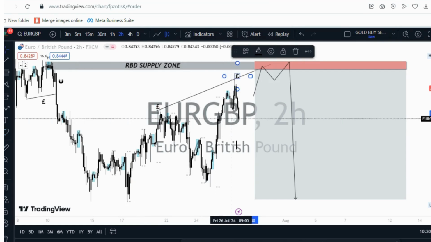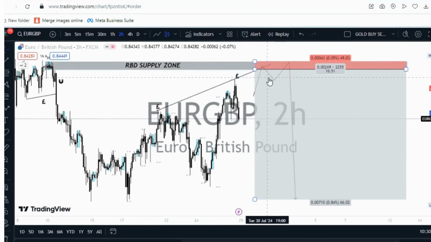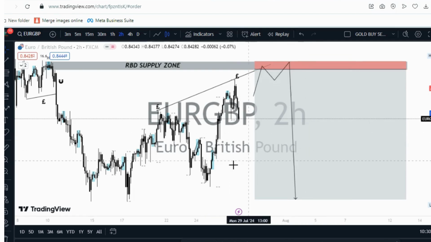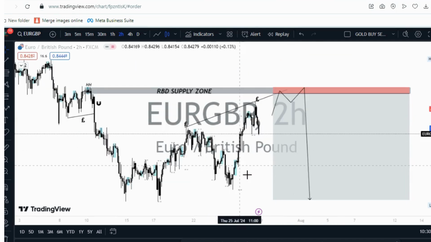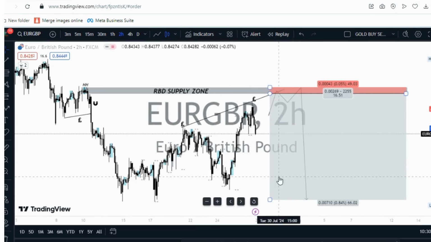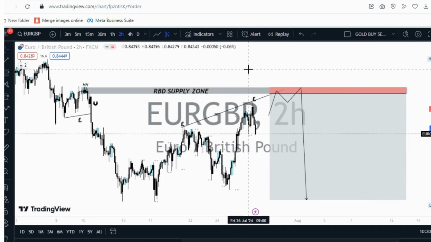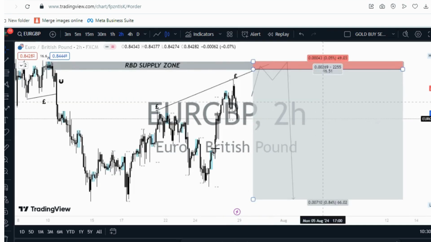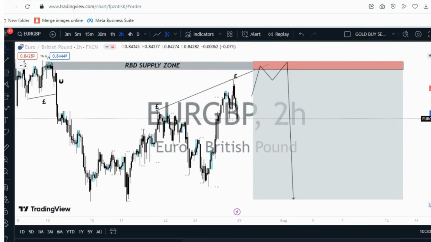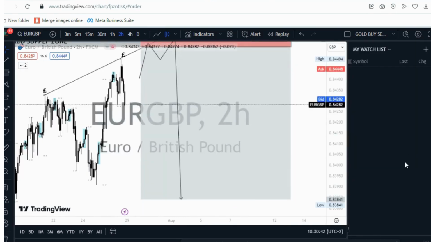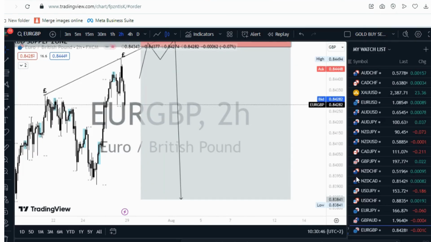If the market pulls back into this area, trust me, I'm getting involved. This will be a 1 to 17 risk to reward ratio. Very nice setup, 4 pips stop loss and 71 pips target. So this makes it a 2 hour watch list. This is the second one.